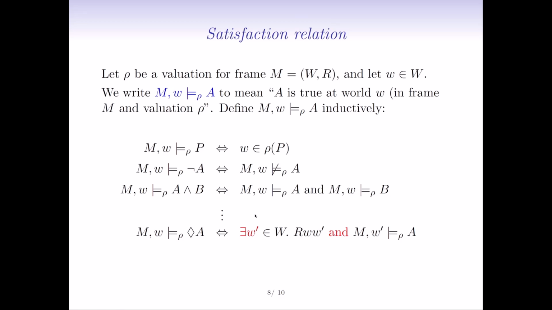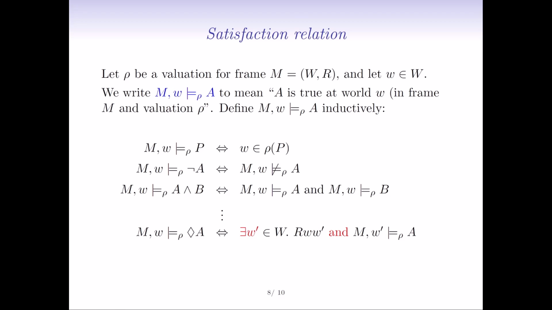Now, let's think about the modalities. First of all, the formula diamond A. Diamond A is supposed to mean it is possible that A. The way you interpret possibility in modal logic is that possibly A is true at world w if there is some world accessible from the current one, accessible from w, where A is true.